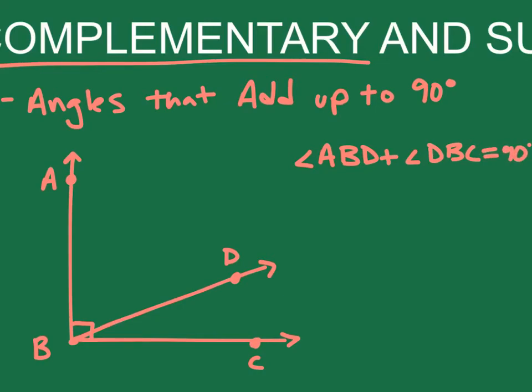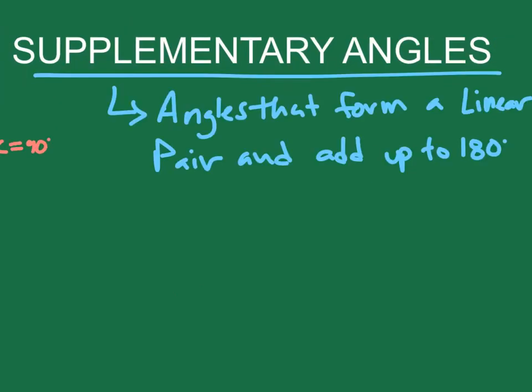So if I know that they're complementary, I know that their sum is 90 degrees, or if I'm given a picture where I have a right angle here, I can then determine what these angles are and know that they are going to add up to 90.